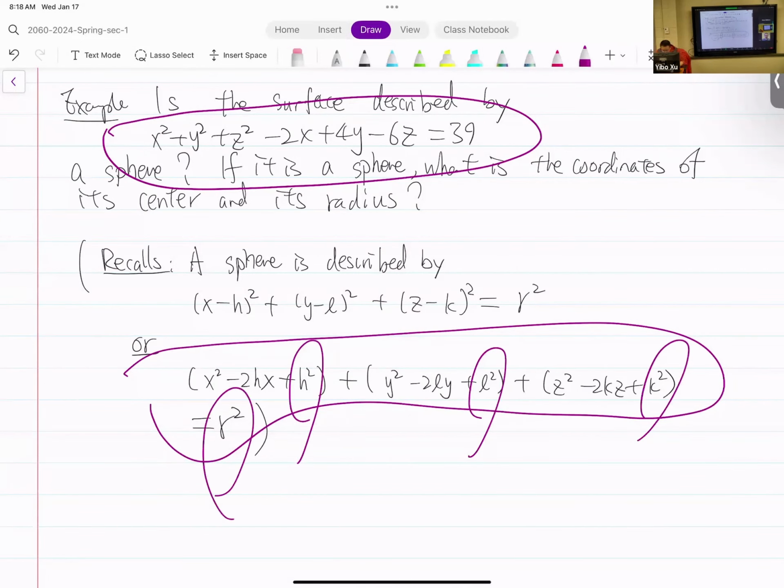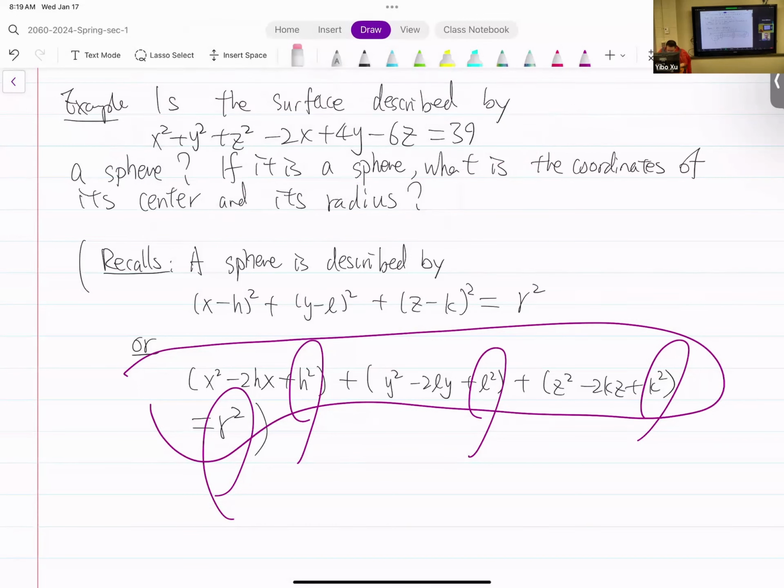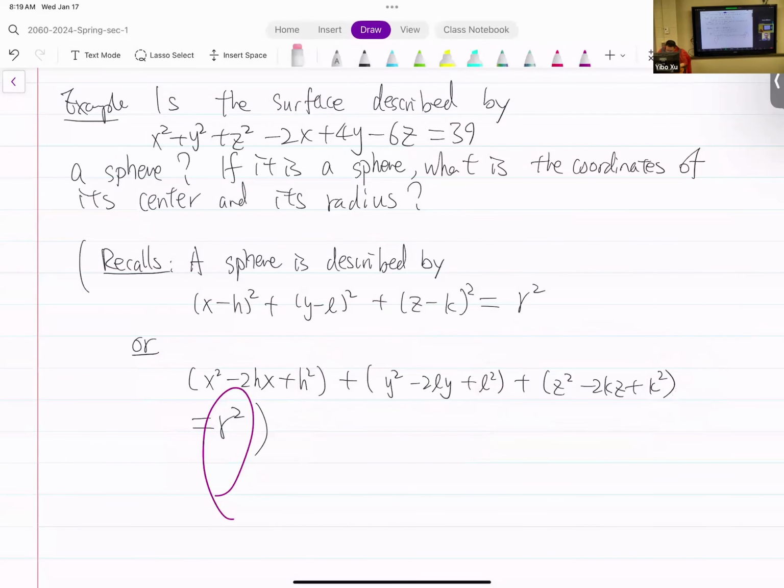So these are the constants that are separate on both sides of the equation. But in the equation that we start with, there's only one constant on the right hand side. So somehow you want to just match. You just want to do some algebra to the top equation, and you get the form of the bottom. Okay. That's the completion of squares that we want.